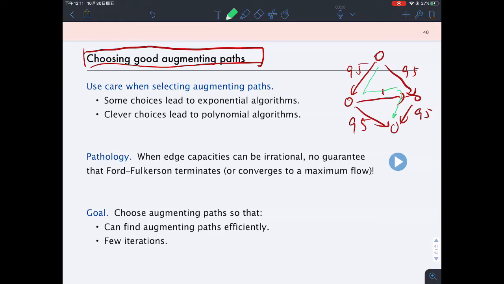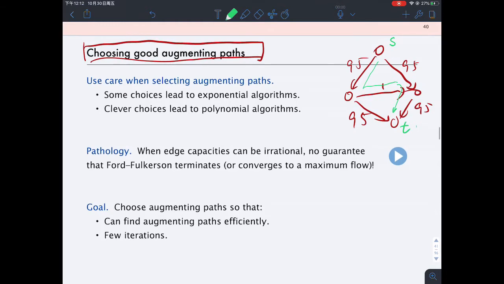It's any path that allows us to move from S to T. I will just choose that and update that, right? So we have been a bit careless in choosing the augmenting path. The very high level idea is: can we fix that? Can we be a bit smarter to not choose this very silly augmenting path, right?